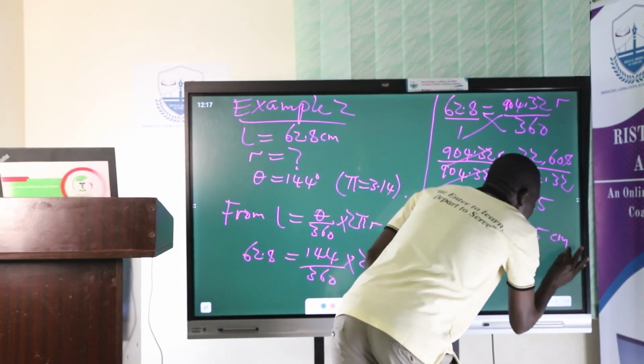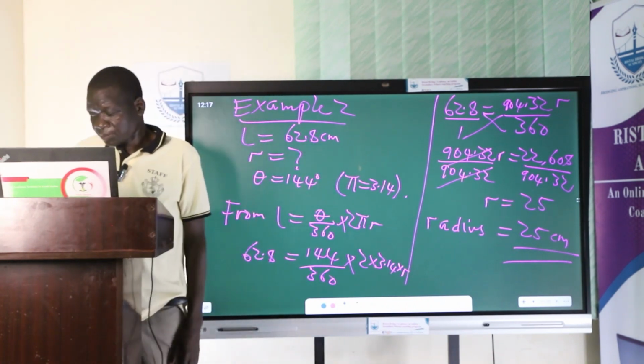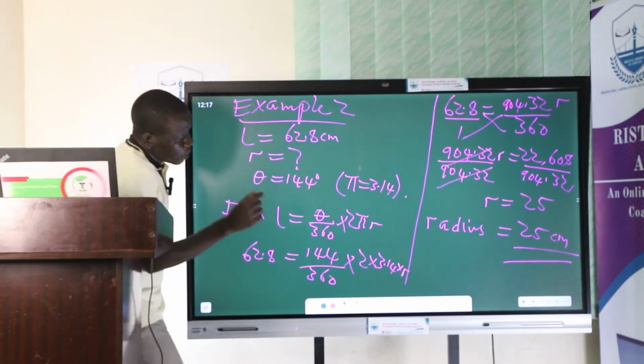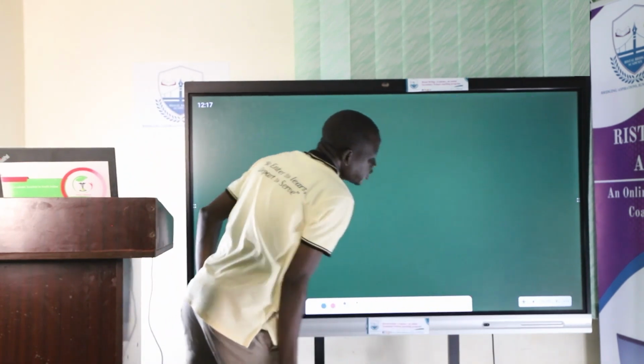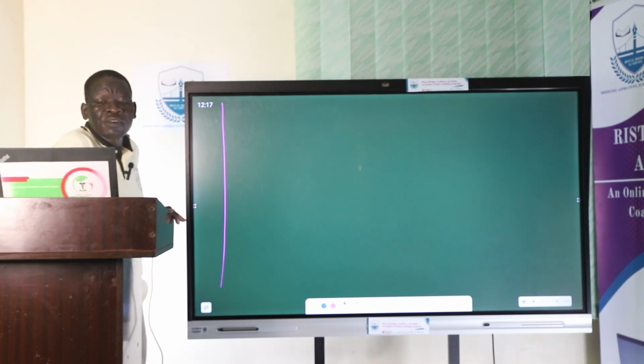The last example says, find the angle subtended at the center of the circle. Our angle, you don't know it.